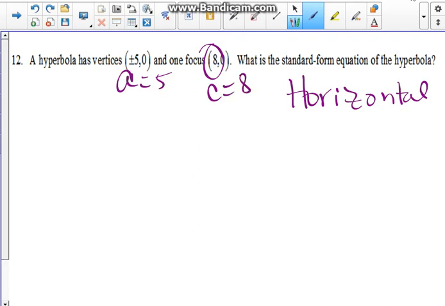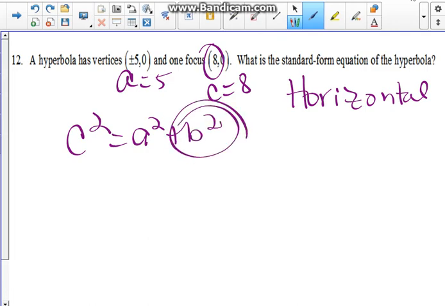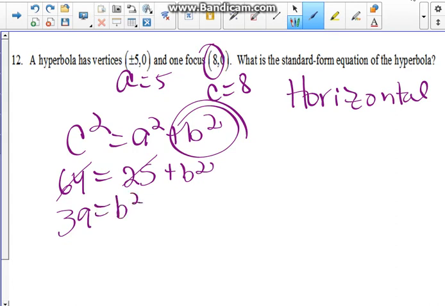So we're going to use our equation c squared equals a squared plus b squared. We need our b to get our formula, so let's plug in our values. c squared is 8 squared, which is 64, equals a squared, which is 25, plus b squared. Subtract 25 from each side, and we get 39 equals b squared.